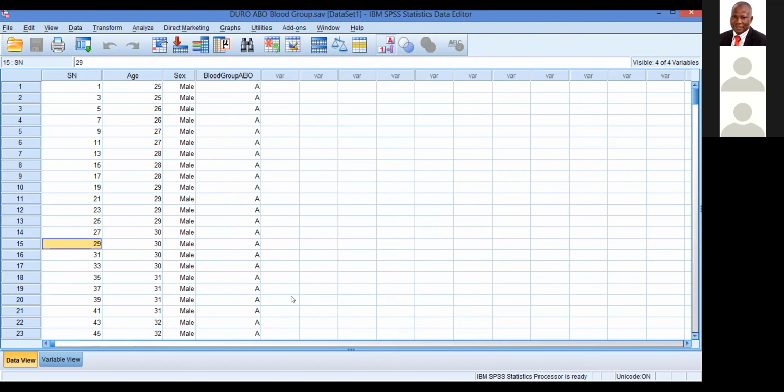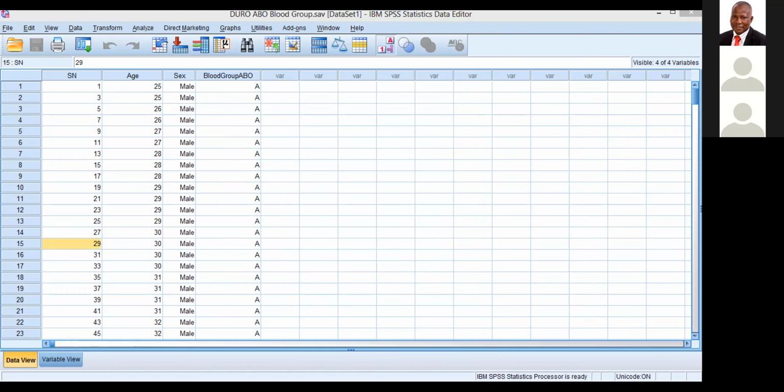Stop sharing and share the result, because the result is not showing us now. Stop sharing, then share the output. Zoom will not allow you to overwrite it.